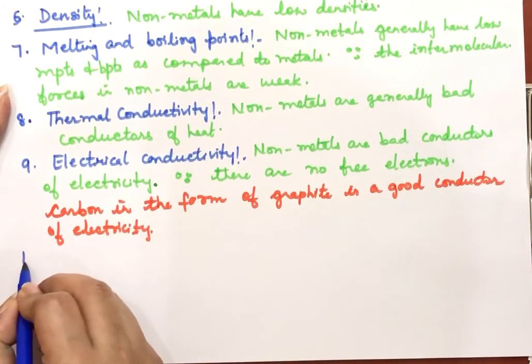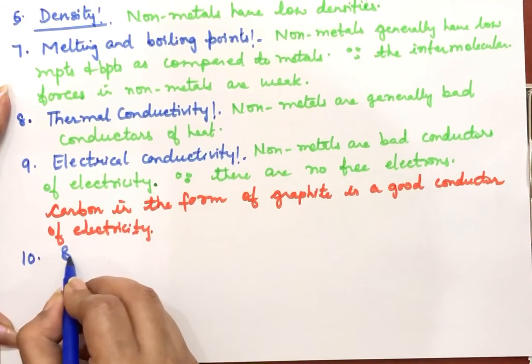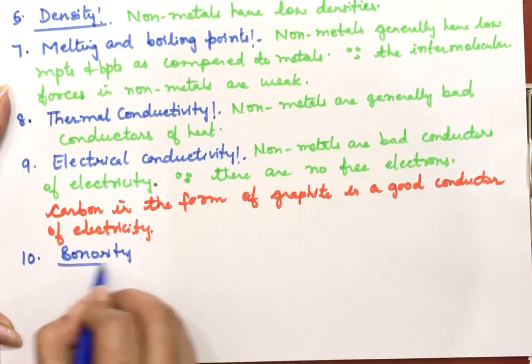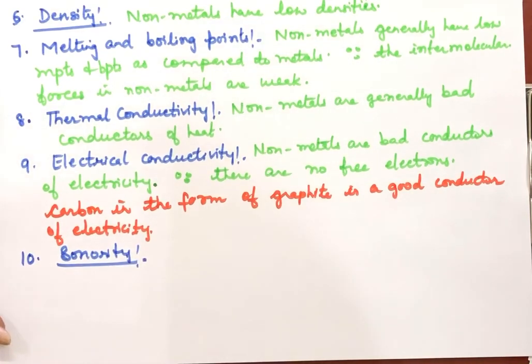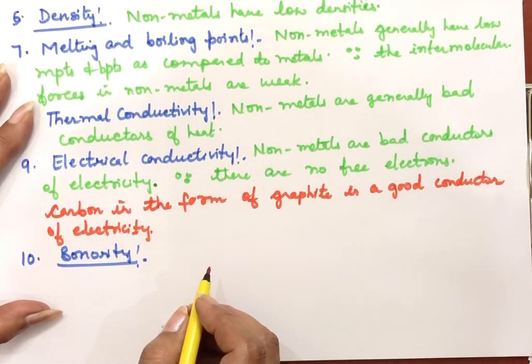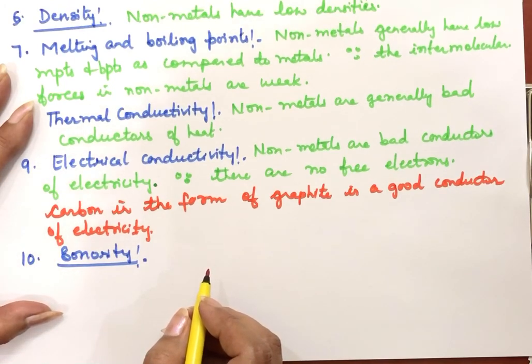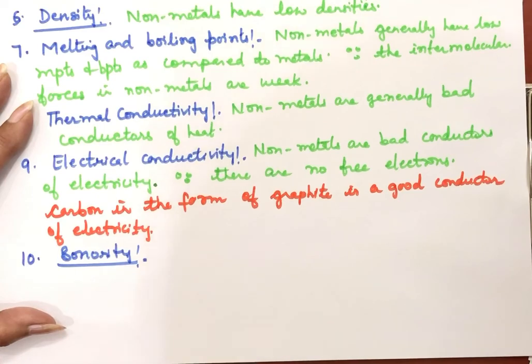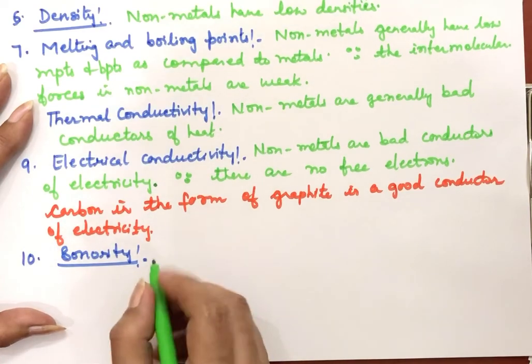The next property after electrical conduction is sonority. When we take two pieces of non-metals and strike them, there will not be any sound in this case. While in the case of metals, when two pieces of metal are struck, they produce a sound. That property is known as sonority. But in the case of non-metals, there is no sonority.